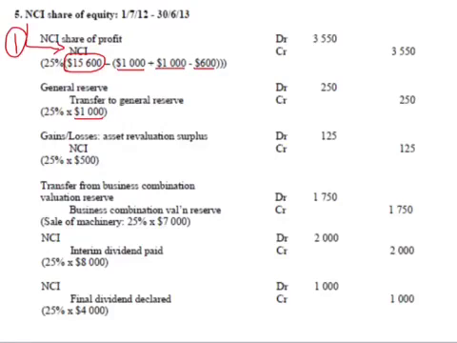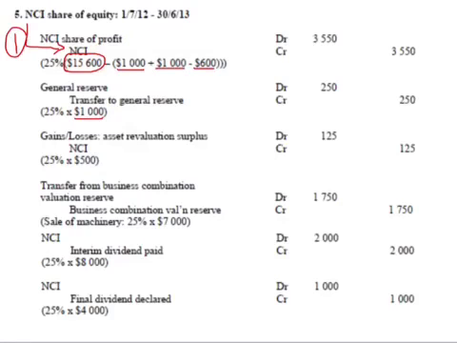Now, this is actually a combination of two entries. The net effect of it is 0 on the NCI, so that's why it's combined into one. But if we split it out, we basically see that the general reserve increased by $1,000 with that transfer.